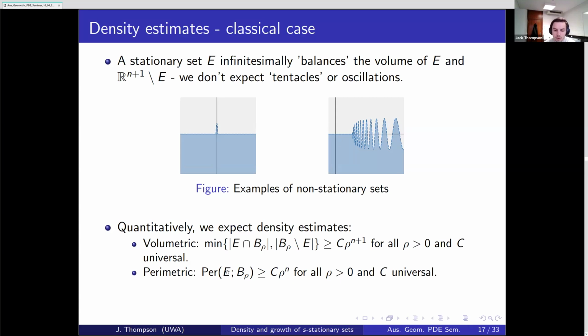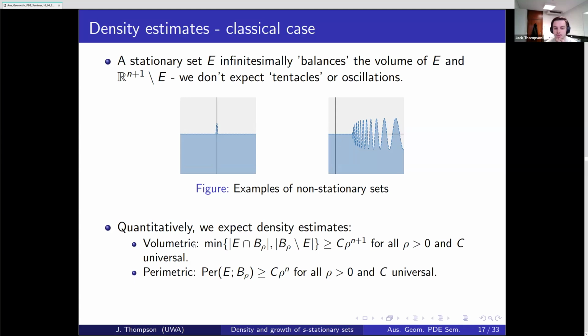Of course, we could also consider upper bounds, and this is, I think, a big open problem actually, with classical stationary sets: to look at perimetric density estimates from above.